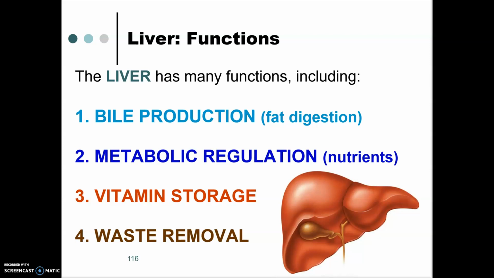Metabolic regulation, so how our body deals with nutrients, is all controlled at the liver. The storage of vitamins: the vitamins that we absorb through our diet are generally stored in the liver. Some of these are manufactured a little tiny bit or modified in the liver, and we store them there as we need them. And then finally, the liver is going to have a major role to play in waste removal.